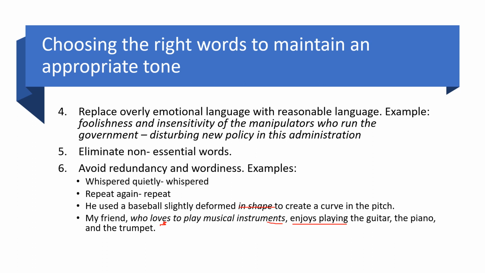So therefore, this particular clause here is already unnecessary. It's just repeating what this part of the sentence is already trying to say, and it's just making the sentence wordy. So remove this part to make it an effective sentence. So there you go. Avoid redundancy and wordiness.